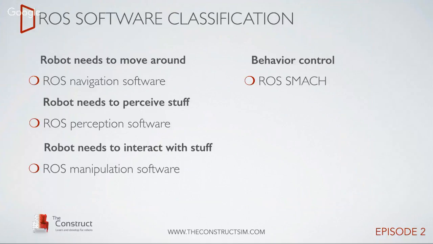Then you will need some software that orchestrates the whole behavior of the robot. So, for example, if you have a robot that needs to answer the door, then you will need to create something that is called state machines. The state machines indicate different states that the robot has to be in and how to change from one state to another.